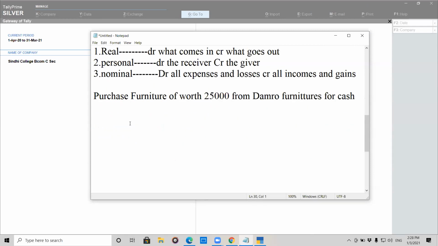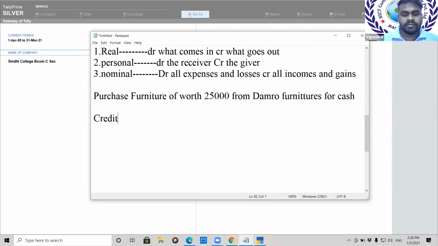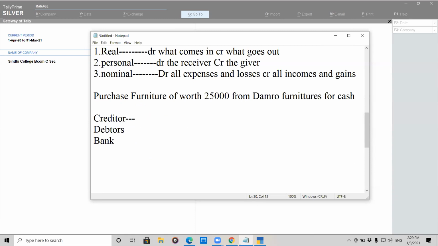For example, there are creditors, there are debtors, and there are banks or financial institutions. Who are creditors? I told you: the one who will receive money from us.